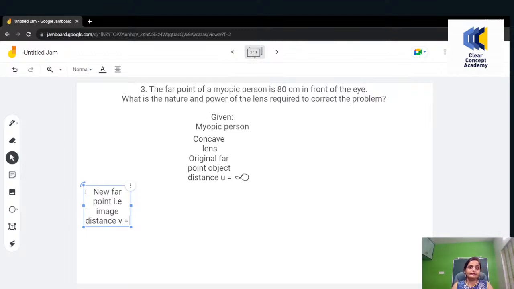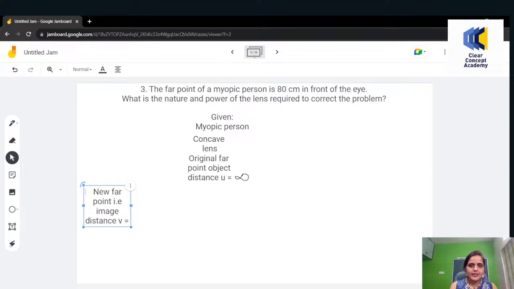So how much is it? 80 centimeter. In case of lenses and mirrors, are the signs related to the distances important? If you recall, it is always the case. The Cartesian convention states that objects are always kept to the left of the mirror or the lens, so the object distance is always negative.